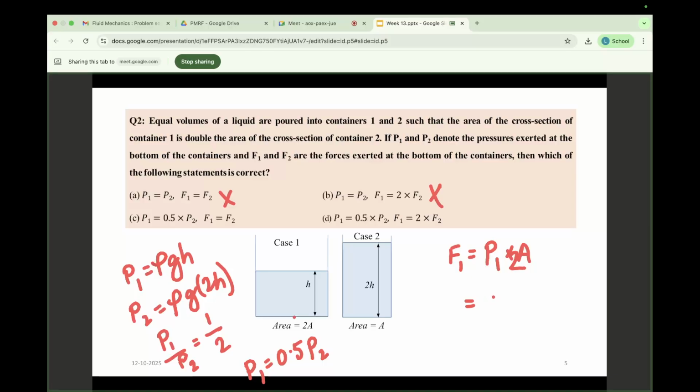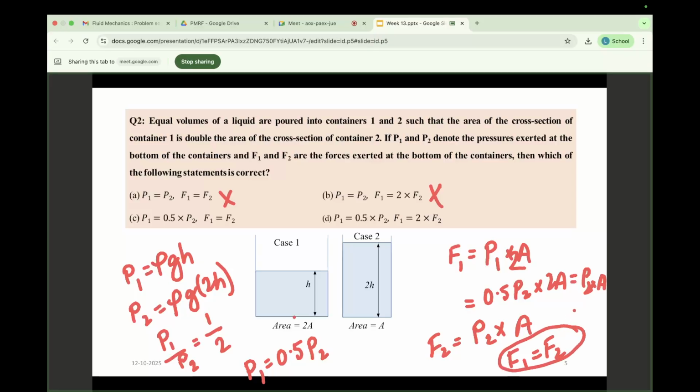So pressure 1 is, if I write F2 first, F2 is P2 into A. So in place of P1, I can write 0.5 P2 into 2A, which is P2 into A. So both F1 and F2 are equal.